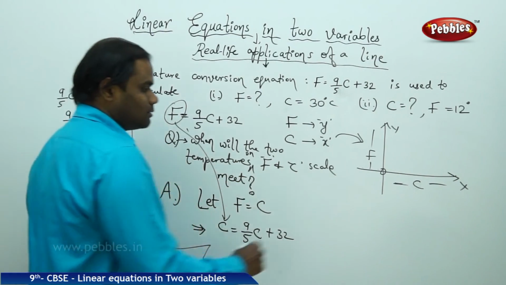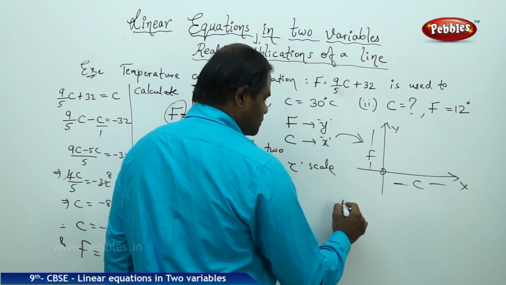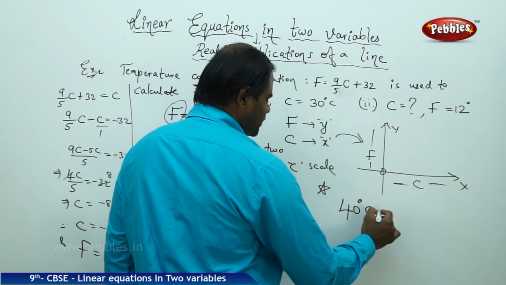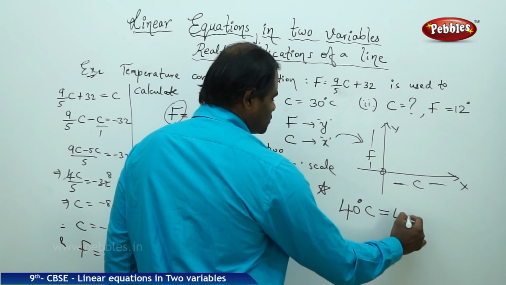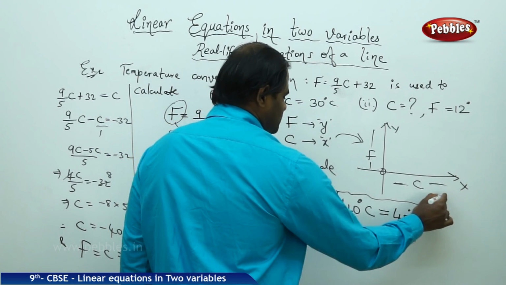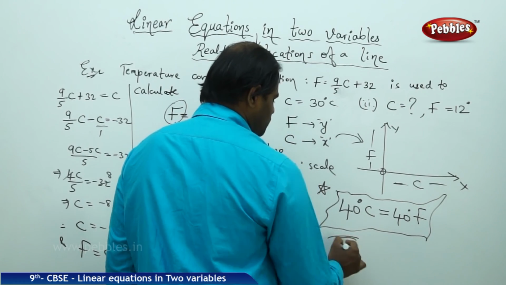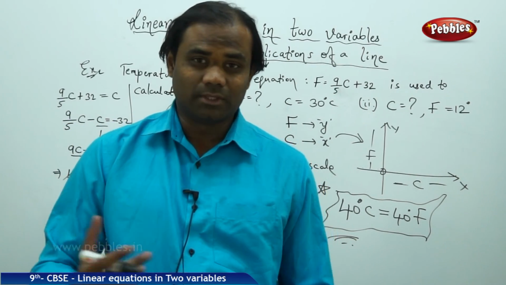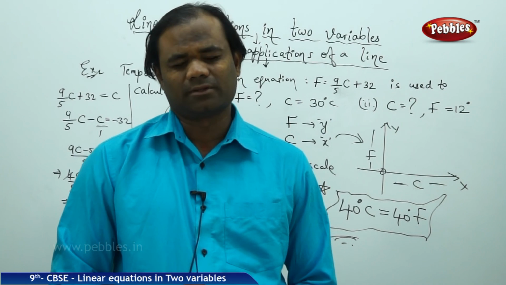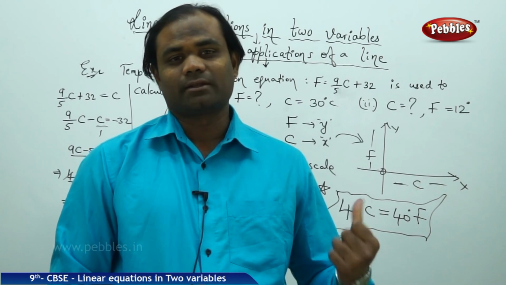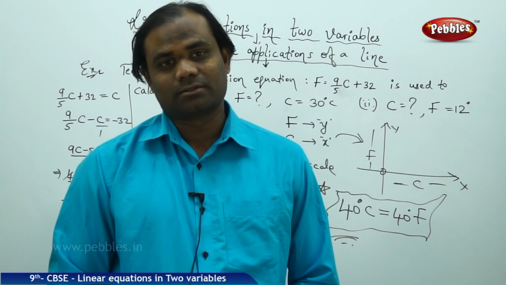That is, minus 40 degrees centigrade is exactly equal to minus 40 degrees Fahrenheit. Only at minus 40 they both are the same. This is how I understand the applications of a line in real life situations.